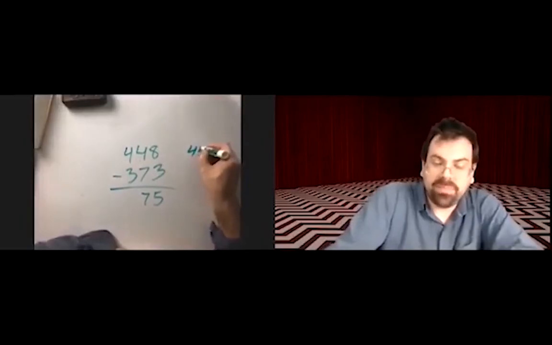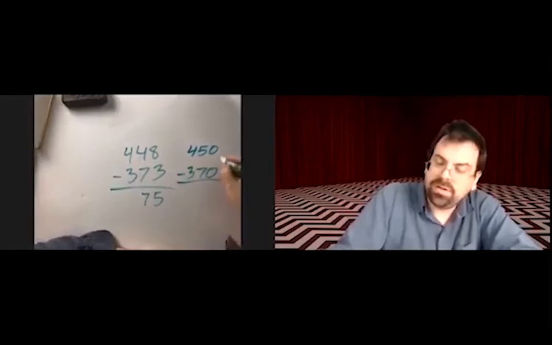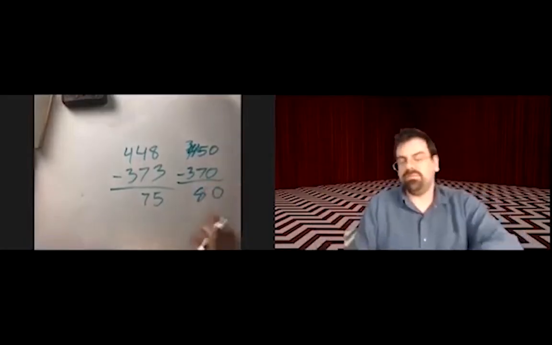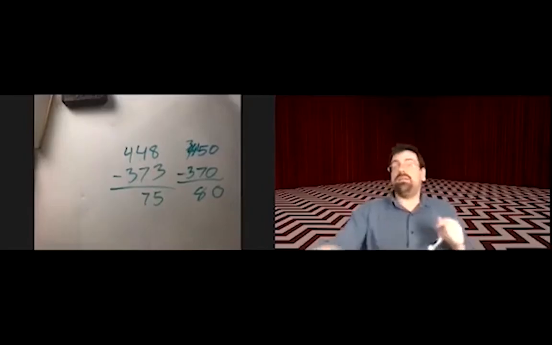This would round up. That would round down. 5 minus 7 can't do it. 15 minus 7 is 8. Very close. In fact, it's good to the nearest 10. Can't get much better of an estimate to the nearest 10 than actually getting it to the nearest 10.